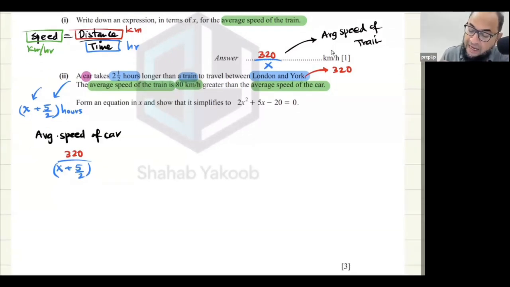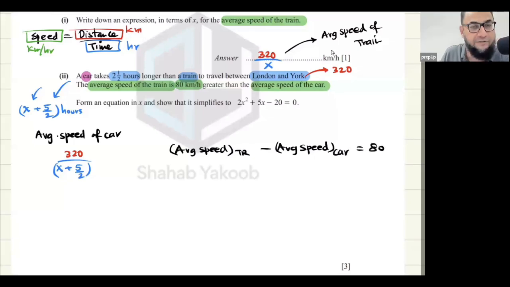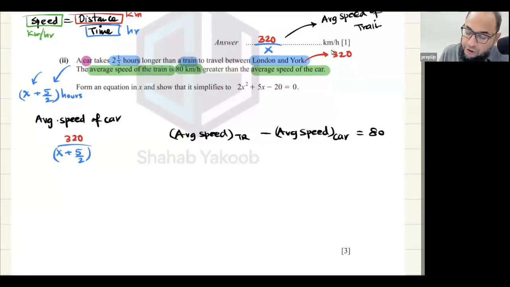Now which is more? The average speed of the train is more. That means average speed of train minus average speed of car. This difference is how much? This difference is 80. So average speed of the train, that is 320 over x. Average speed of the car, that is 320 over x plus 5 over 2.